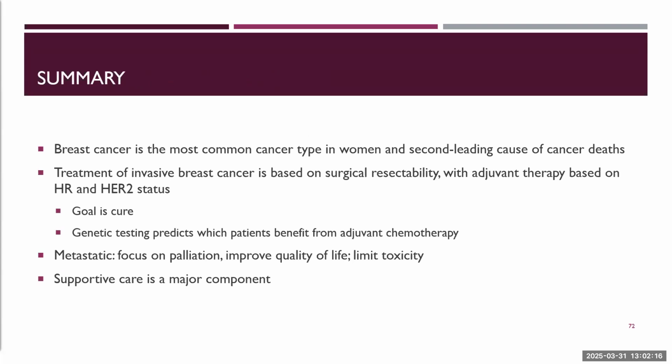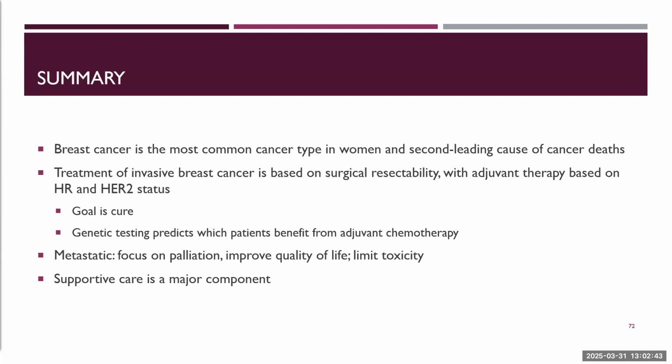So in summary, breast cancer is the most common cancer type in women and the second leading cause of cancer deaths. Treatment of invasive breast cancer is based on surgical resectability, with adjuvant therapy being based on the HR and HER2 status. In these patients that have early stage disease, goal is cure, and genetic testing predicts which patients benefit from adjuvant chemotherapy.